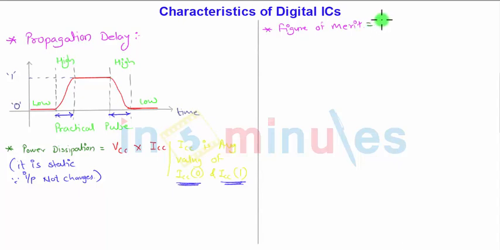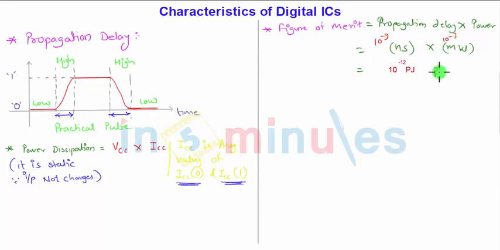Figure of merit is the product of propagation delay, in nanoseconds for digital ICs, and the power dissipated, in milliwatts. So the product I get for the figure of merit is in picojoules, that is nano 10 to the minus 9 and milli 10 to the minus 3, so it will be 10 to the minus 12. So this will be in picojoules.